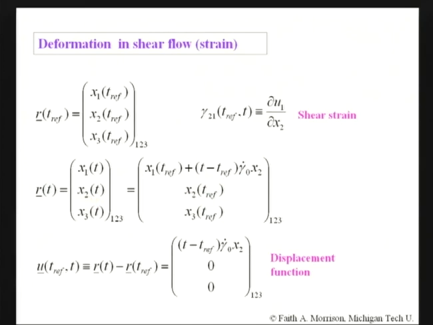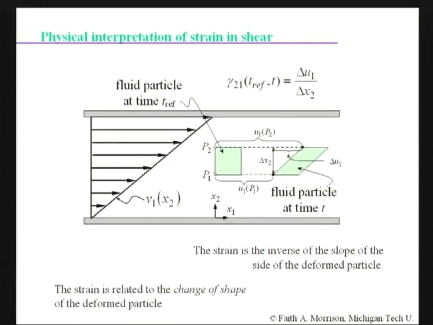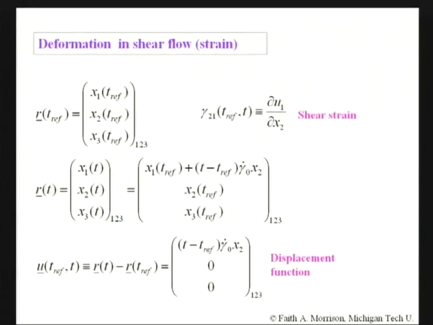All the particles in shear flow just move along at constant values of x2, and also at constant values of x3, because there's no velocity in the x2 or x3 directions. So at all times, the position of the particle in the 2 coordinate direction is just its initial position. The position of the particle in the 3 coordinate direction is just its initial position.